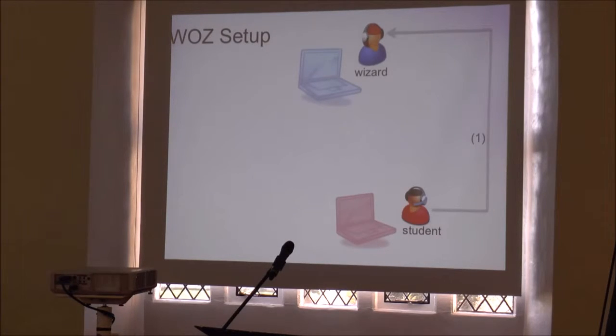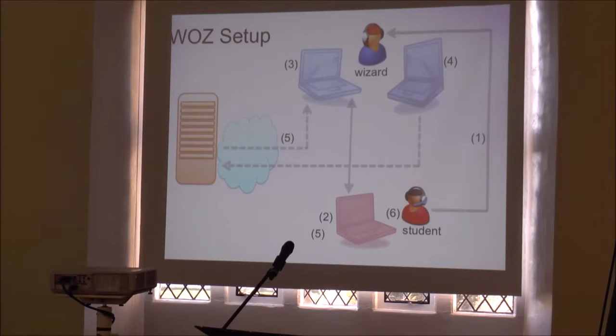The wizard can also see the screen of the students, so the students can't be affected by the wizard looking over the shoulder and so on. And the wizard has some additional tools by which they can provide feedback to the students directly. It doesn't matter how exactly they're connected, but another computer of the wizard can send messages to the students.